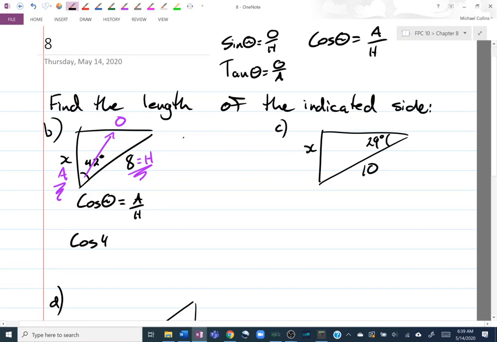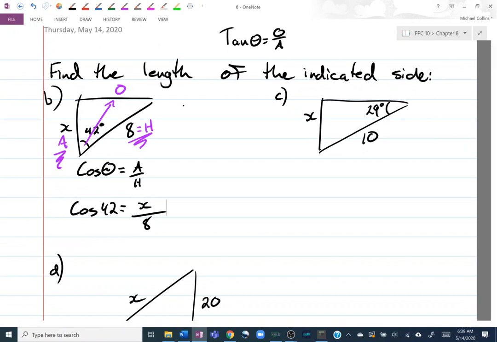The cos of 42 is equal to my adjacent side, which is x, over my hypotenuse, which is 8. In order to isolate x, all I have to do is multiply both sides by 8, and I end up with x is equal to 8 cos 42.